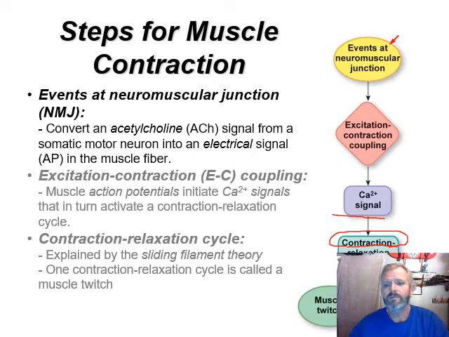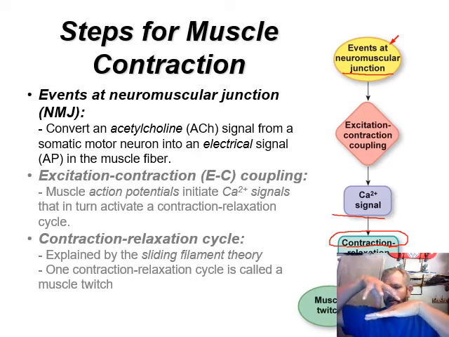Okay, to do that, first we have to get the muscle excited. Those are the events that take place at the neuromuscular junction, where we have the muscle and we have the neuron coming in to innervate. Right?